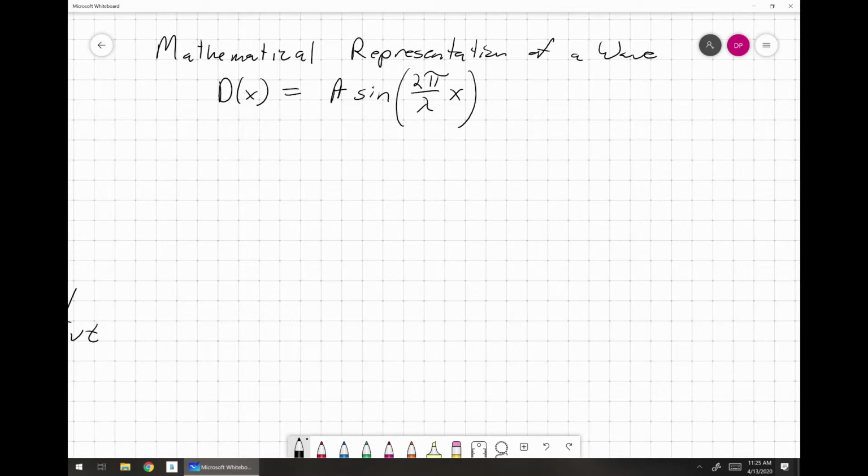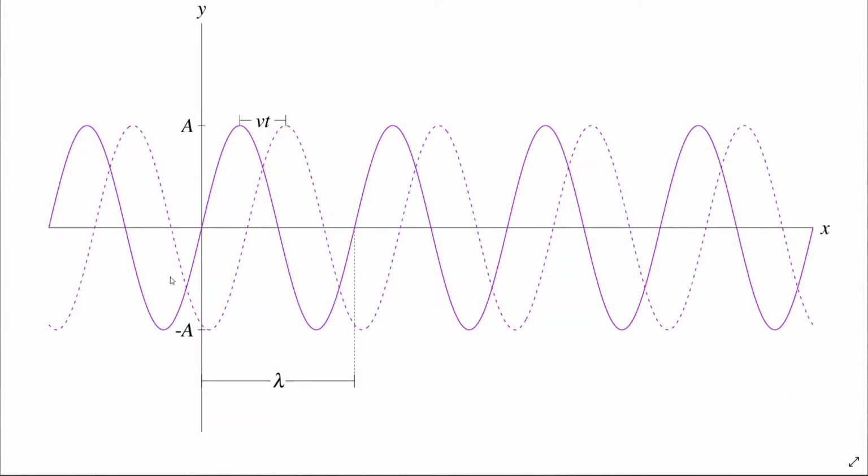Now we'll switch over and take a look at a plot of a wave. The solid curve here represents our wave at t equals 0, and the dashed curve represents our wave at some later time t. We don't need to worry about a specific value there. Again, this is our displacement, and A is still our amplitude.